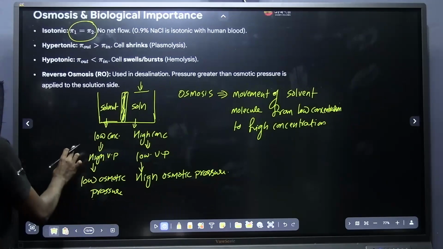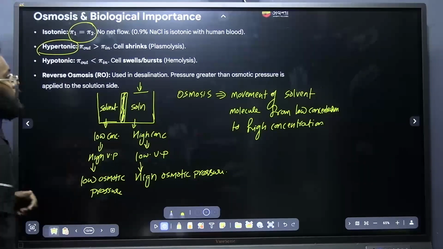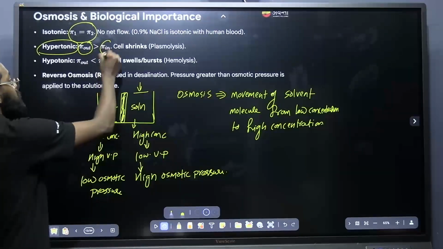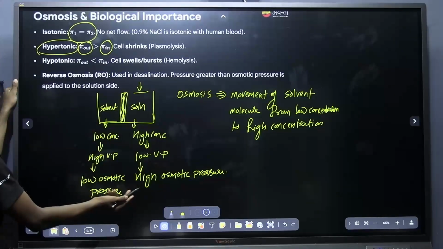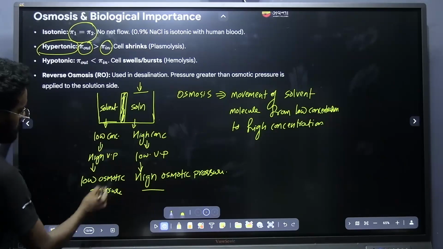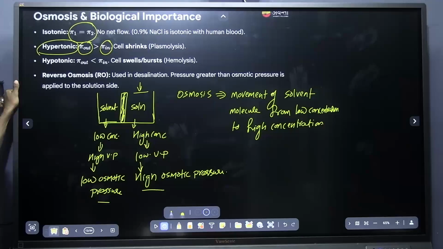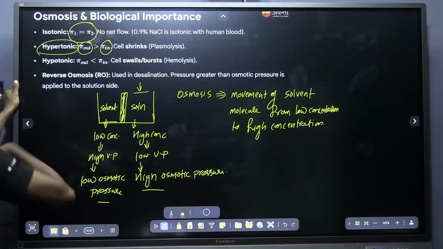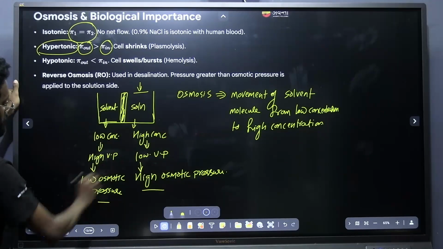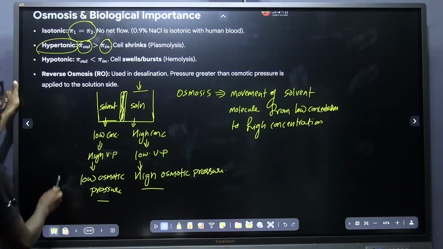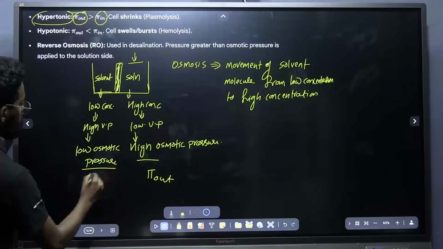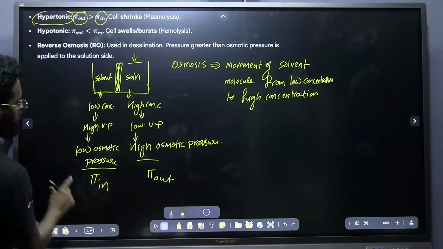So that is the reason, in the case of a hypertonic solution, outside osmotic pressure will be greater than inside osmotic pressure. Taking the same example, outside osmotic pressure is greater than inside osmotic pressure. Take this one as pi out, and this one is pi in.